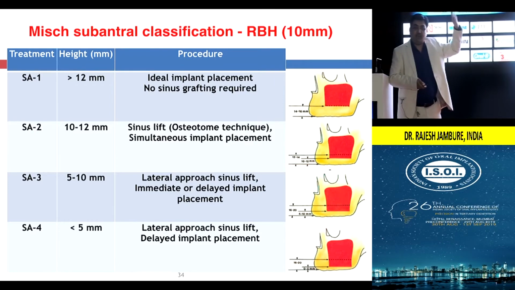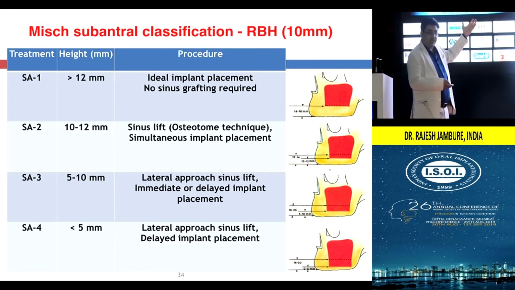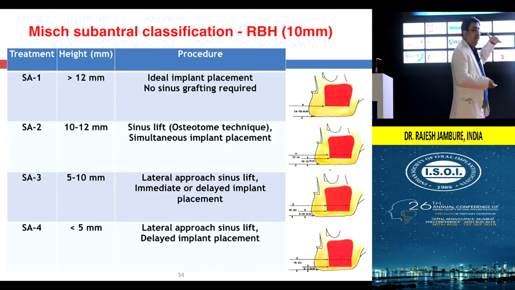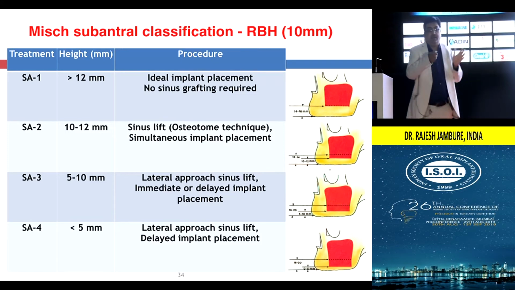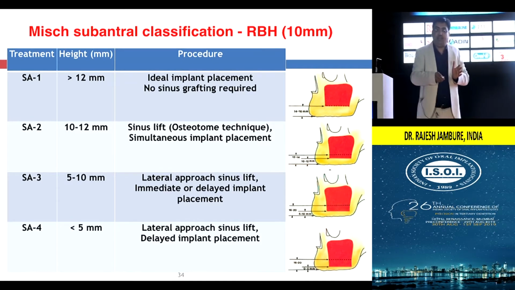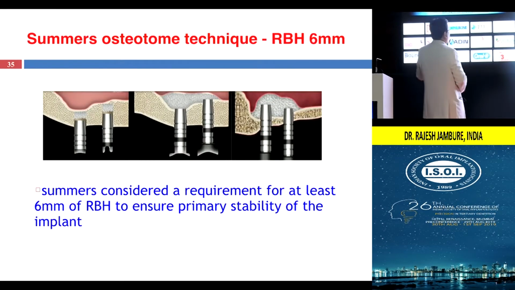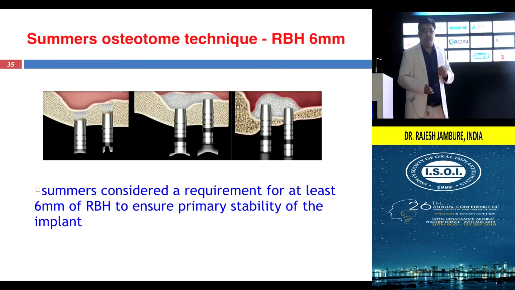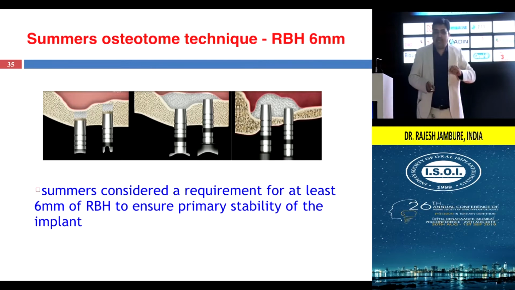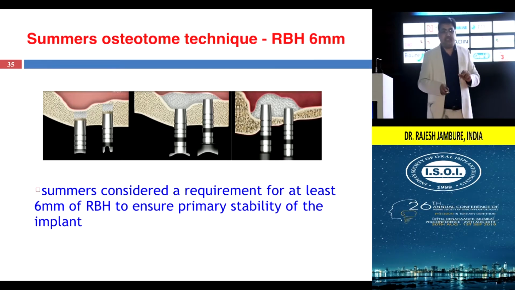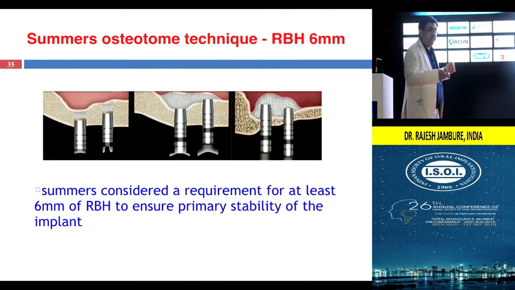For anything above 10, they suggested going for the crestal approach, and below 10 it is recommended that you select the lateral approach, either simultaneous or delayed placement. After that, if you follow Summers osteotome technique, it is mentioned that the RBH should be a minimum of 6 mm, where you can achieve good primary stability.